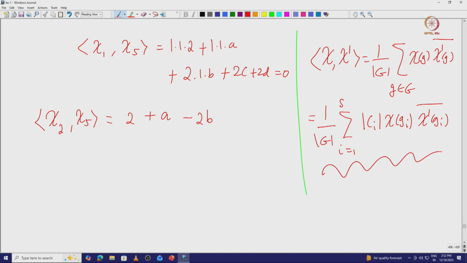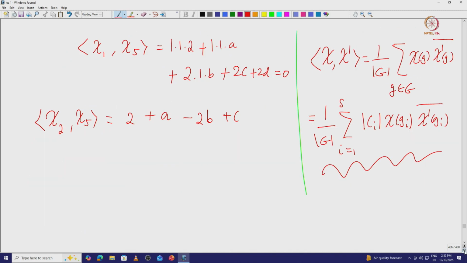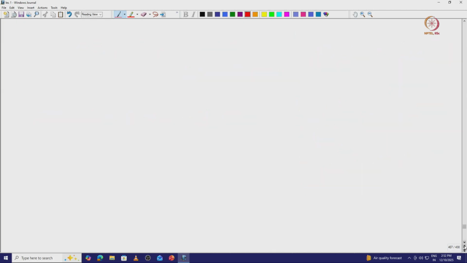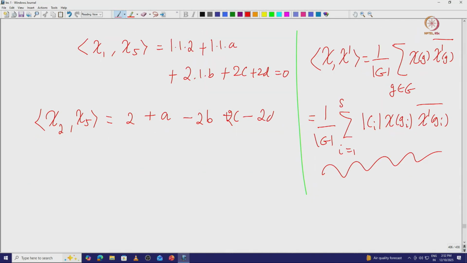Similarly, the third one is 2 and then 1 and C, so again this is 2C. And the fourth one is 2 and minus 1 and D. So, minus 2D, and this is supposed to be equal to 0.